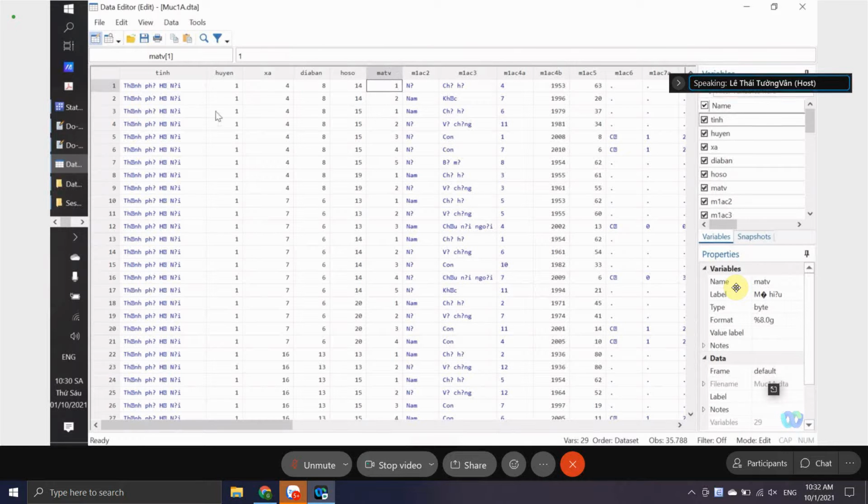So you will see that for Hà Nội, huyện district 1, commune 4, village 8, household number 14, the first one is a woman, it's nữ. It is the household head. The second one is a man, and it is not a household member. It is khác.